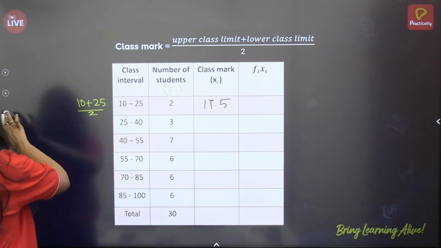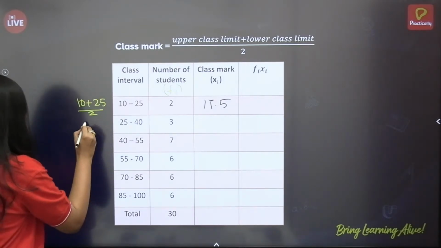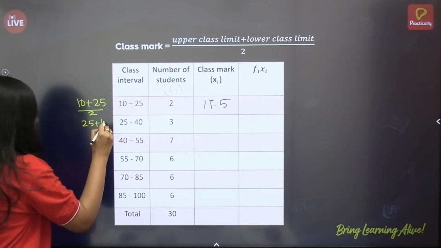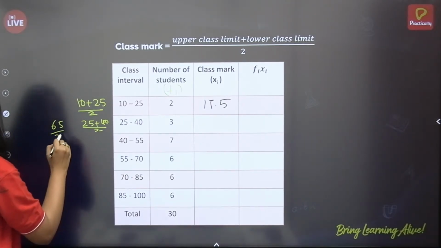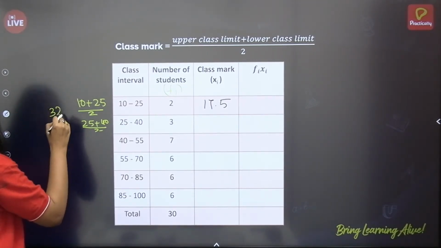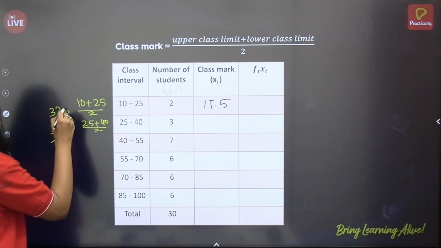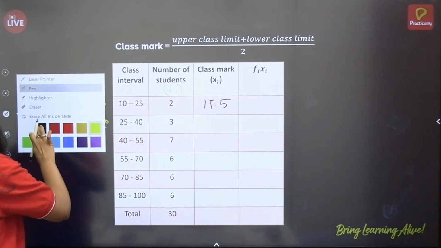Right. Next, 25 plus 40 by 2, 65 by 2. So 65 by 2 is how much? 2 times 3 is 6, 2 2s are 4, 1 0, 32.5.